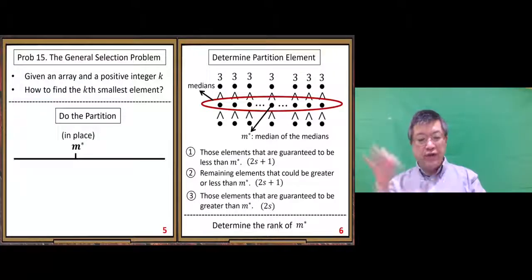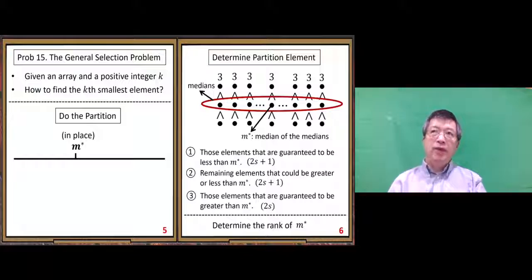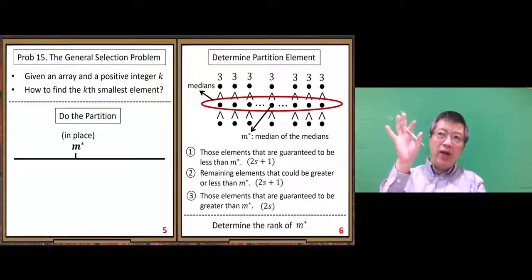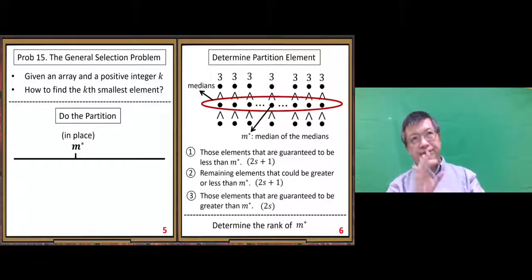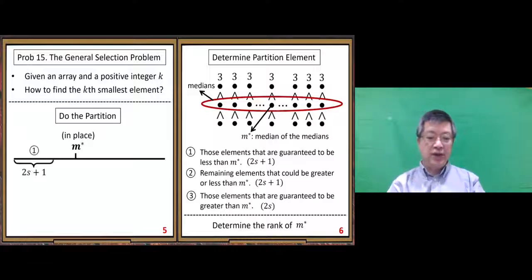So let's draw this line segment representing the whole array. M star somewhere in the middle. Those parts whose relationship is already known, we can identify first.